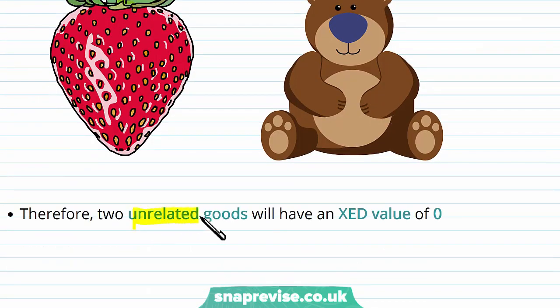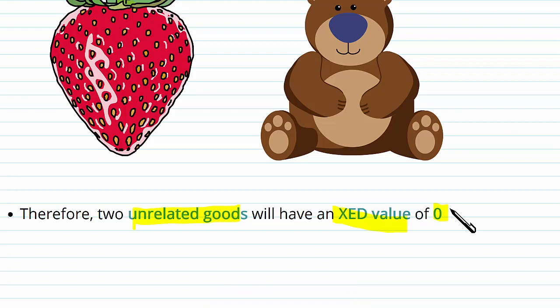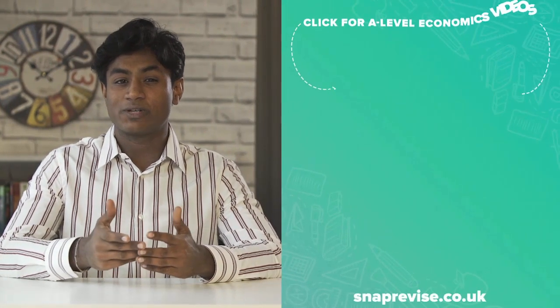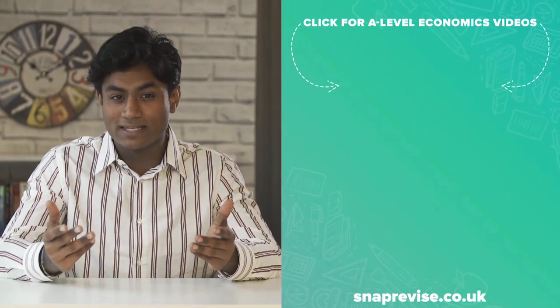Therefore, these two unrelated goods will have an XED value of 0, and that's because, again, the equation says that it's the quantity over the price, and the price has increased, so that's an actual real number, but the quantity demanded is still 0 because the change in the price of strawberries hasn't affected our decision to buy teddy bears.